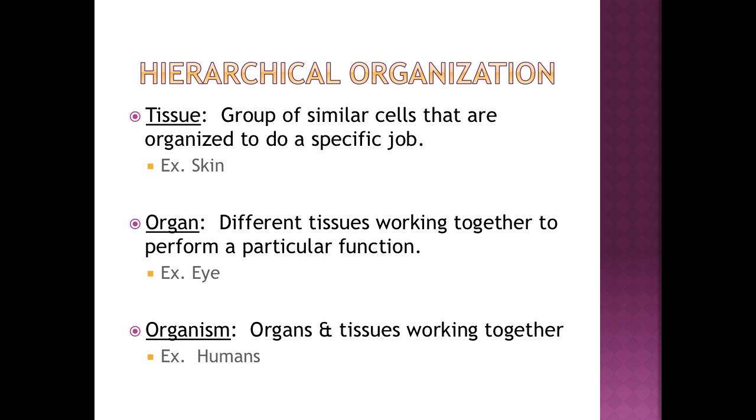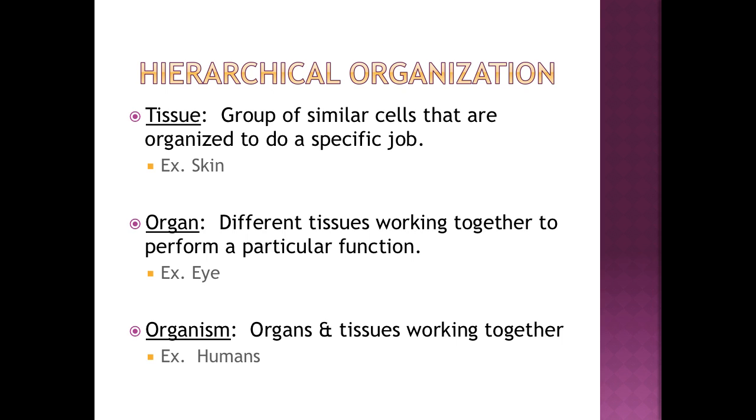Hierarchical organization. We're going to be talking a lot about this, especially whenever we get to the human body portion of this unit, because the basic unit of life is a cell. And when you have many cells put together, a group of similar cells that are organized to do a specific job, then a tissue is formed. An example of a tissue, especially in the human body, would be skin.